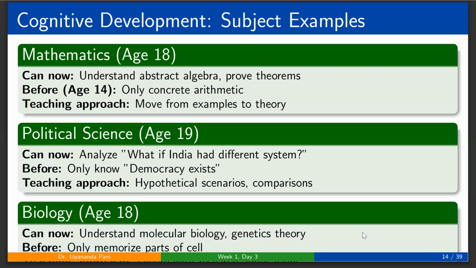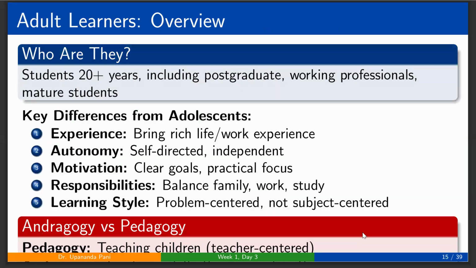The teaching approach will be move from examples to theories. Suppose a political science students, they can now analyze what if India had a different system. Before only know that democracy exists. Now teaching approach will be hypothetical scenario or comparison. So now coming to adolescent learners behavior, already we know how to identify and how to analyze them.